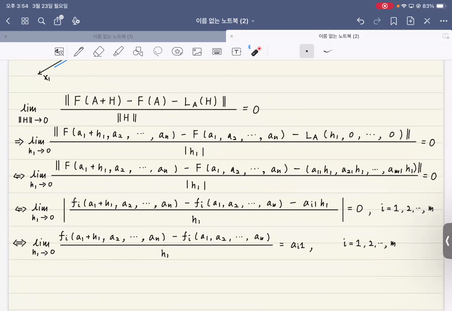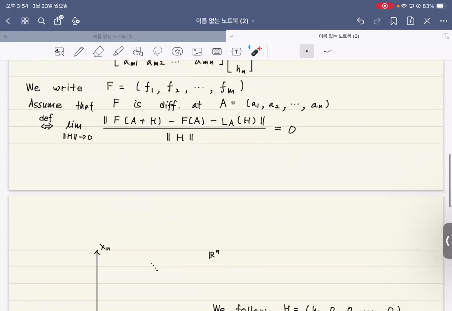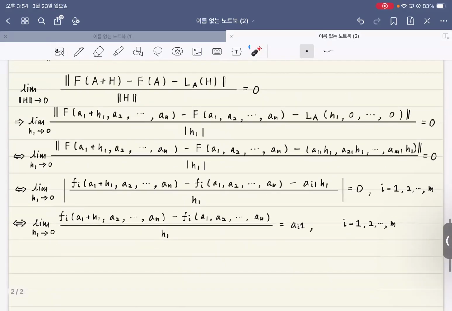So we have m components over here, and this guy and that guy are also vectors in m-dimensional space, and this function large F consists of these small m component functions, right? This guy is tending to 0.